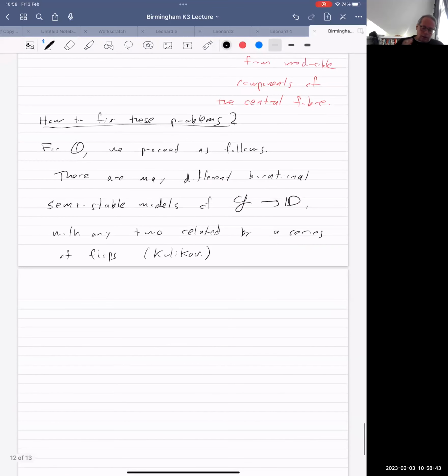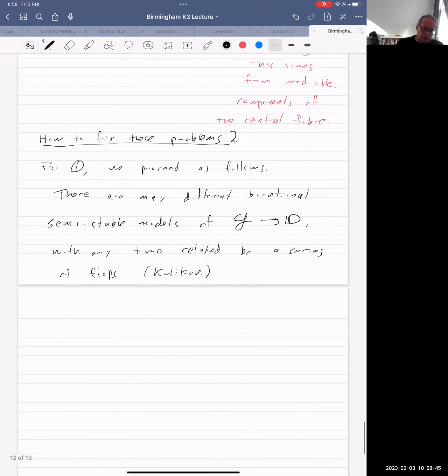On the other hand, under flops, N1, sorry, I was using A here, our vector space A1 of Y over D, with coefficients in R, is independent of the model. If two models differ only in codimension 2, then they have isomorphic Picard groups.